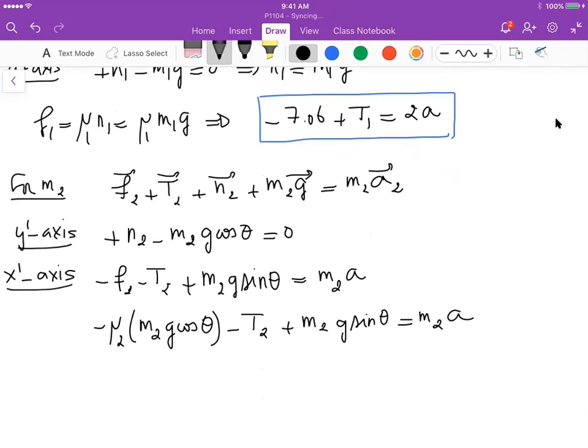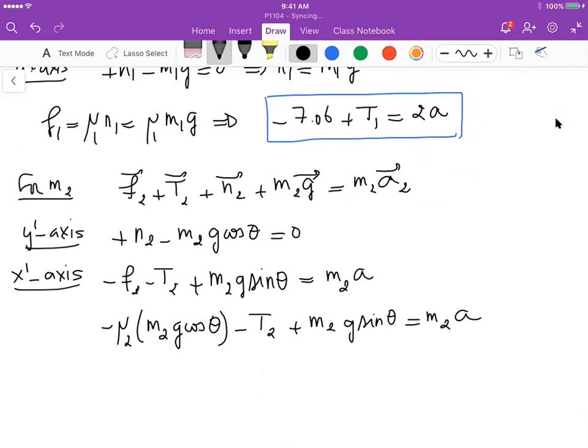Since everything is known, the mu2, the M2, the G, theta, everything is known.